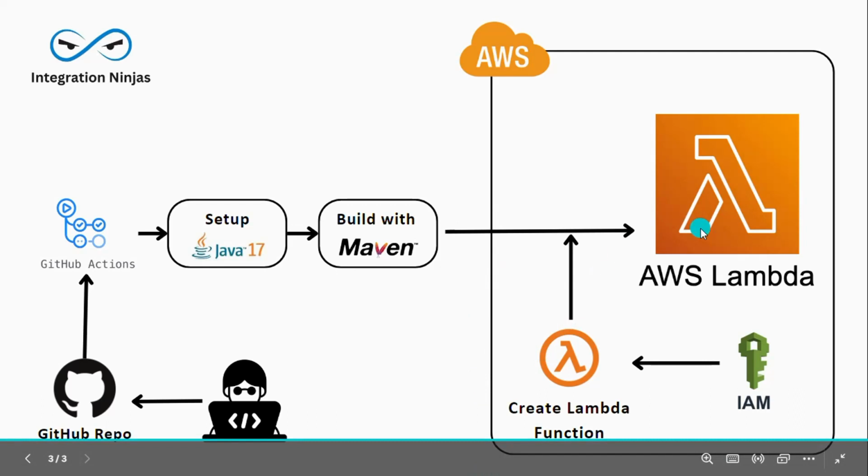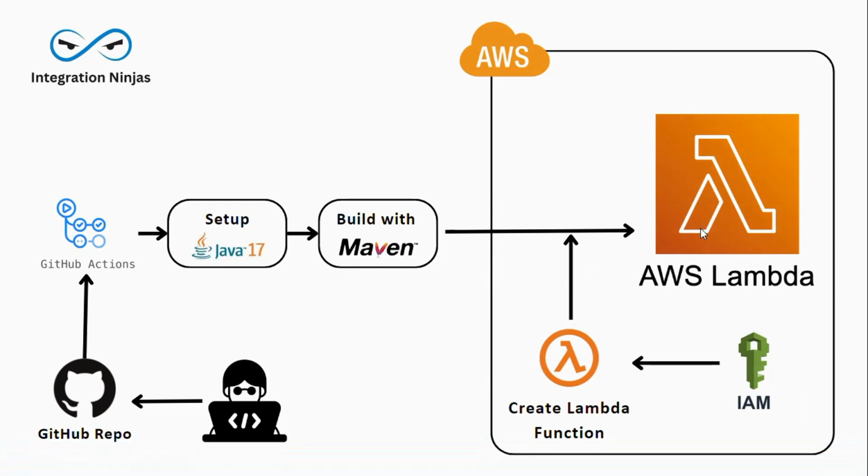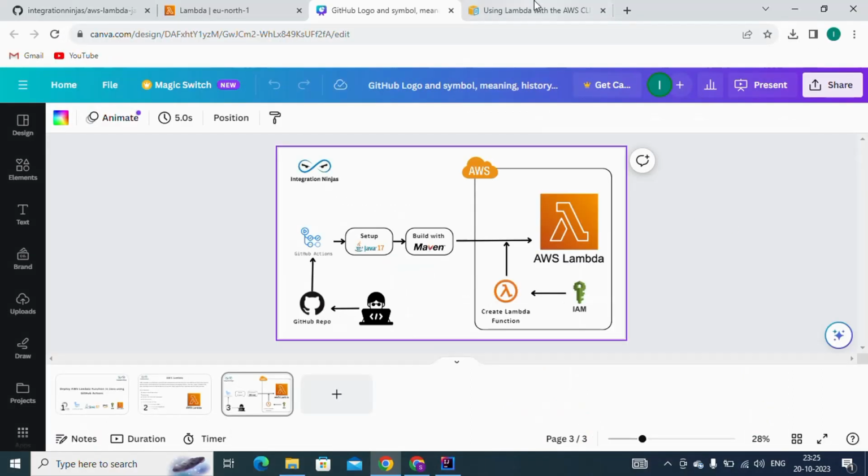Then I will create the Lambda function by creating an IAM role, where I will add the policies to the IAM role to create and execute the Lambda function. And if the function is already created, I will update it for any further enhancement or update. So let's go through it.